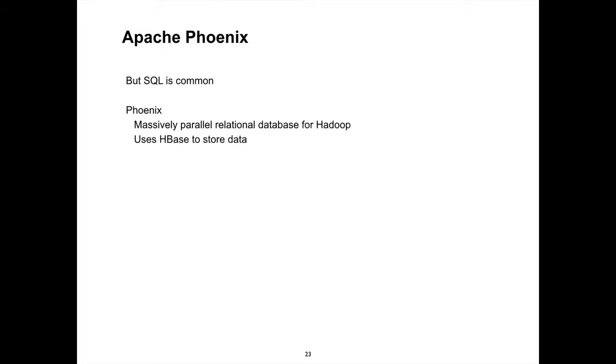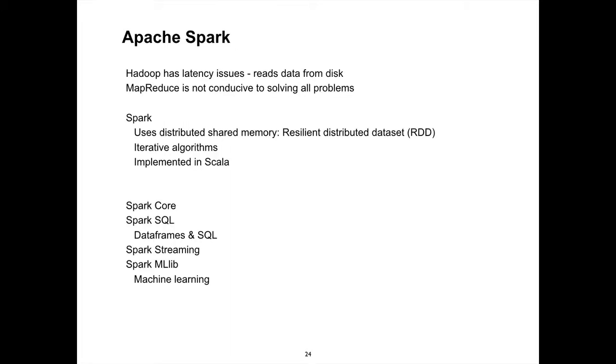And so Apache Phoenix is basically a huge distributed system, a huge distributed SQL database. And of course, Amazon has their own distributed database that they recommend, which they claim is much faster. There's Spark, right?